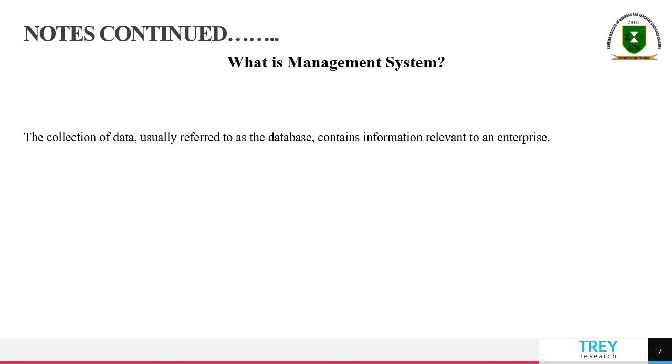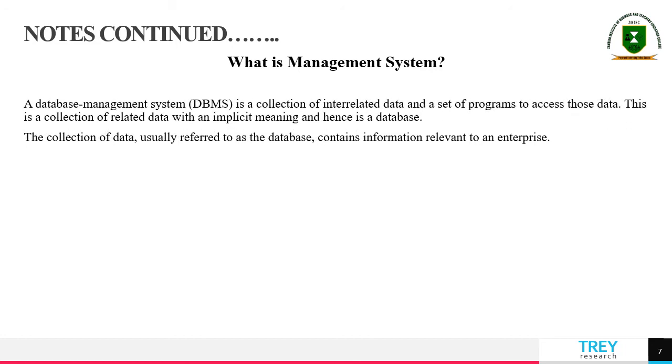Now we come to the management system, or the database management system. We first need to know the definition of this database management system before we can start talking about its functions, its importance, and all that. Okay, so a database management system is usually abbreviated as the DBMS.